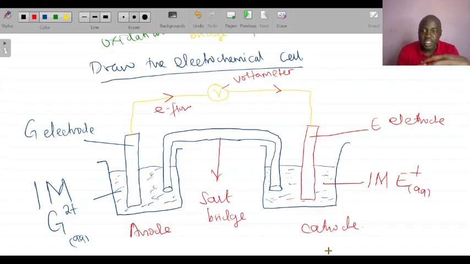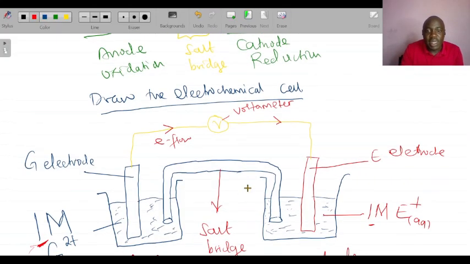The two half cells are connected using a salt bridge. And don't forget, the standard condition is that our electrolyte must be 1 molar.